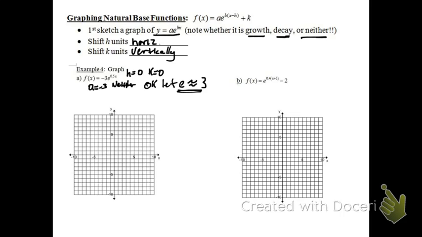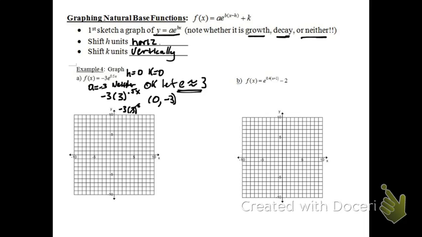So if we let e be about 3, we're sketching a graph of negative 3 times 3 to the 0.5x power. So if we were going to plug in some values, like 0, that would really be negative 3 times 3 to the 0 power, which means you just get negative 3 as an output.